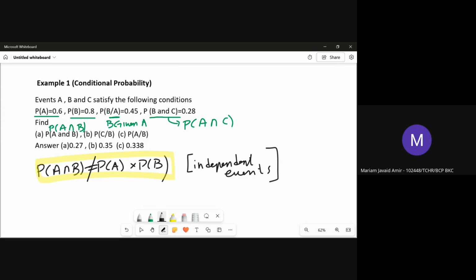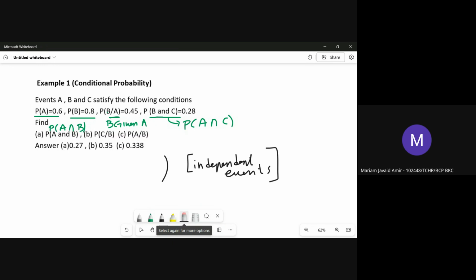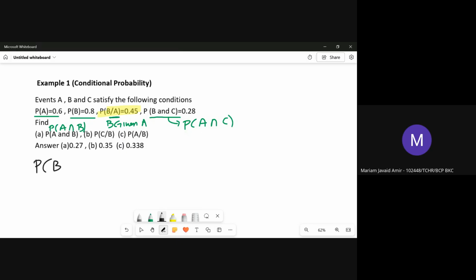What we'll do is work with what we're given. We're given a conditional probability, so we'll apply its formula. We're given the conditional probability of B given A. This equals probability of B and A, or B intersection A, divided by probability of A. Now we'll substitute the values.